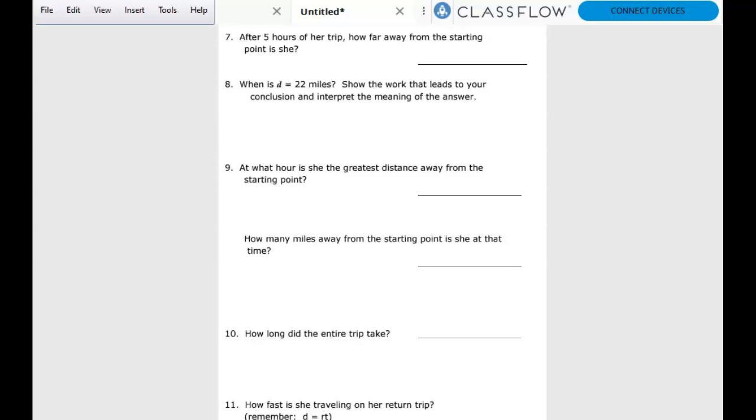Okay, so it's 40 miles for number 7. Okay, I'm going to come back to number 8. What's number 9? At what hour is the greatest distance from the starting point? 7.